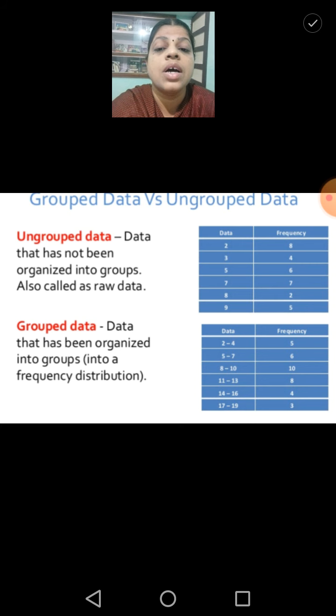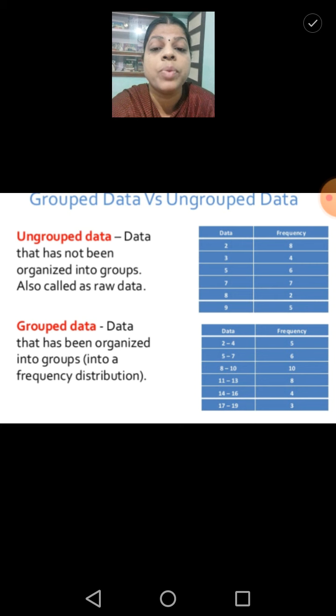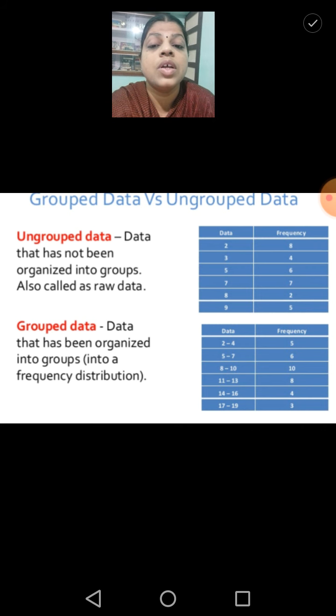Ungrouped data means the data that has not been organized into groups, and such data are called raw data. Once again, if the data given is not organized into groups, we can call such data raw data.